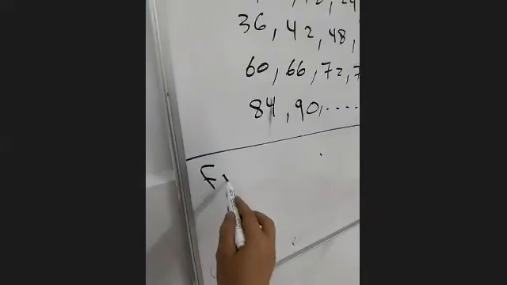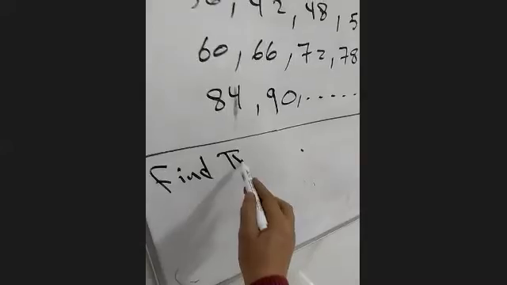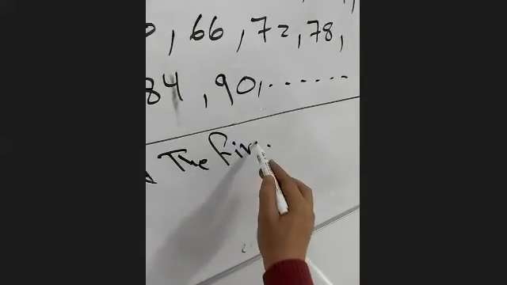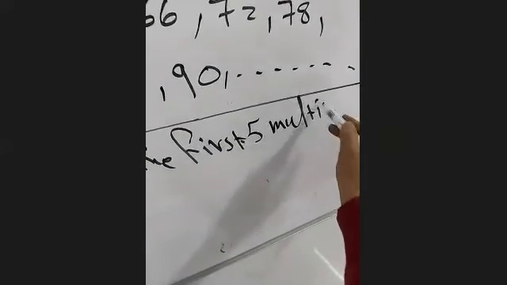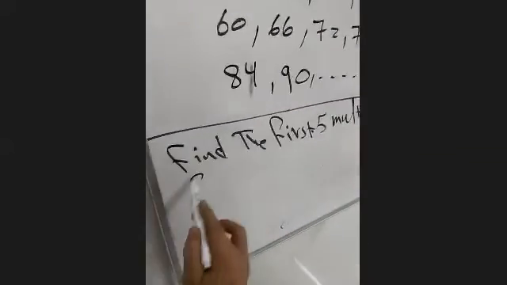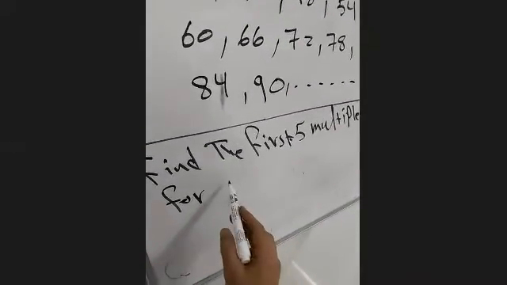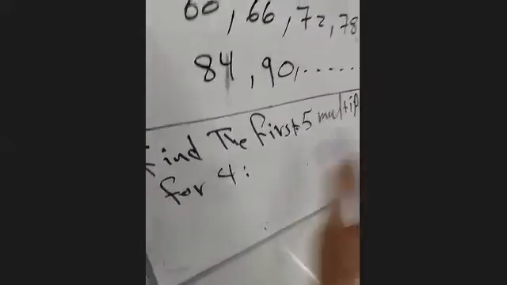For example, look here, guys. Find the first 5 multiples for the number 4. I want the first 5 multiples for the number 4.